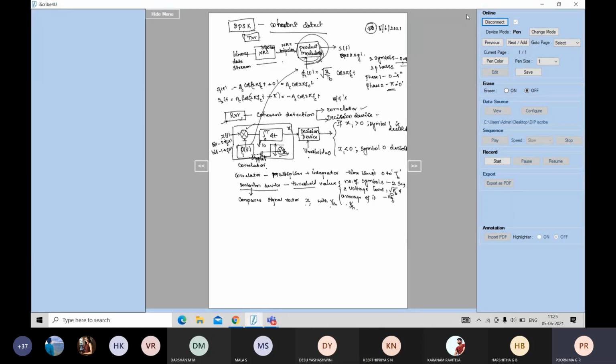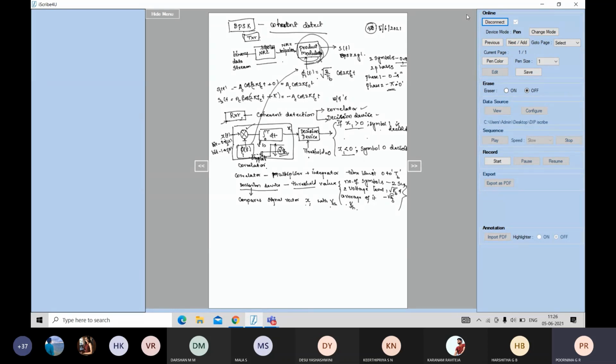I've already told you, if the signal vector is greater than 0, symbol 1 will be decided, and how that particular threshold is calculated, that also I have explained. Okay, now after the decision device takes a decision, you will be deciding whether symbol 1 or symbol 0 is received with respect to the transmitted signal.